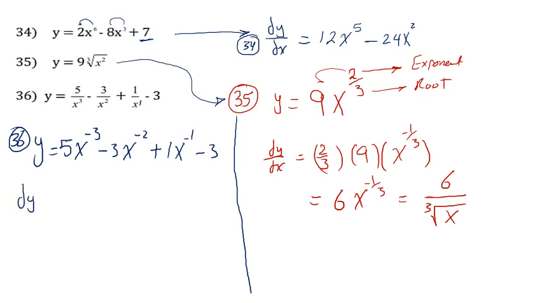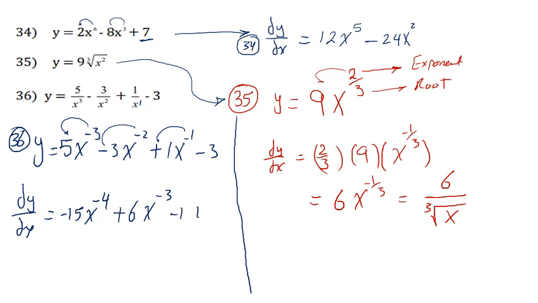Now dy by dx is equal, I put down the power, negative 3 by 5 is negative 15 x to the power of negative 4 after subtracting 1 from negative 3. Then negative 2 multiplied by negative 3 is positive 6. Subtract from the power 1 is negative 3. Negative 1 multiplied by 1 is negative 1 x to the power of negative 2.